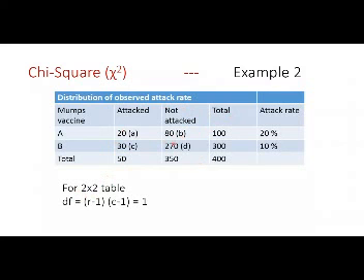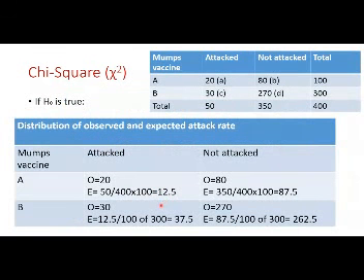Again, this is a 2 by 2 table, and degree of freedom is 1. Now, this is the same table I explained. If null is true, the attack rate must be the same. For vaccine A, if null is true, consider the distribution of observed and expected attack rate.